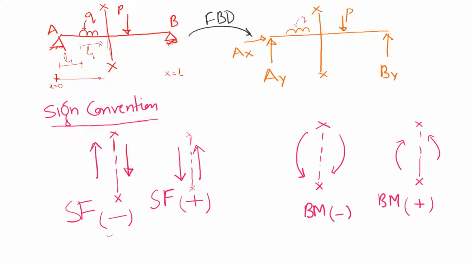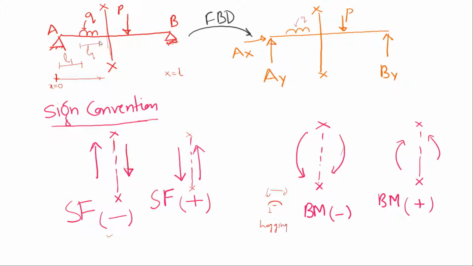For the bending moment, we make a section XX, and if the beam bends in such a manner, with the load acting like this, it causes hogging. Hogging is the name for this shape of the beam, and we consider it negative.